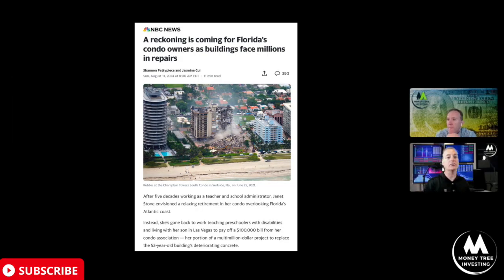But when you're looking at a situation where some of these condos are now 50, 60, 70 years old, here's an example of a 53-year-old building that has deteriorating concrete. And now there's a story of a woman who had retired as a teacher and school administrator.